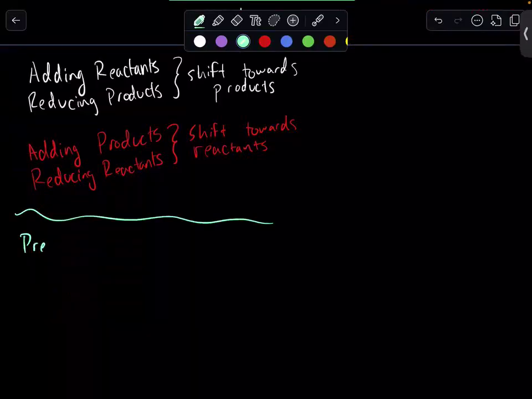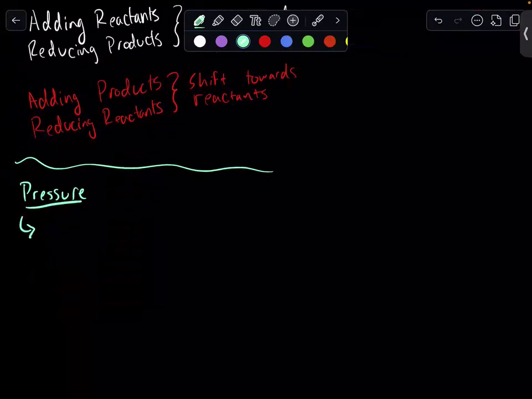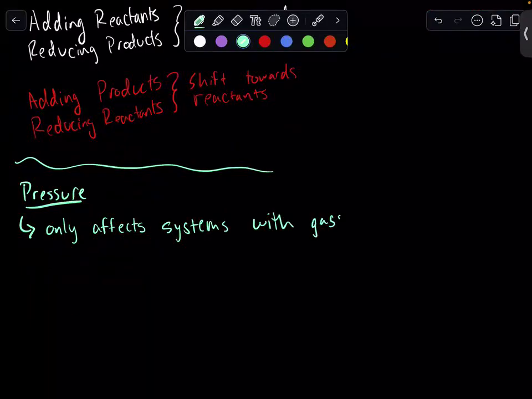So let's look at pressure. Pressure only affects systems with gases. And the reason for that is because we know that solids and liquids are not compressible and therefore are not affected by pressure, or not so much.